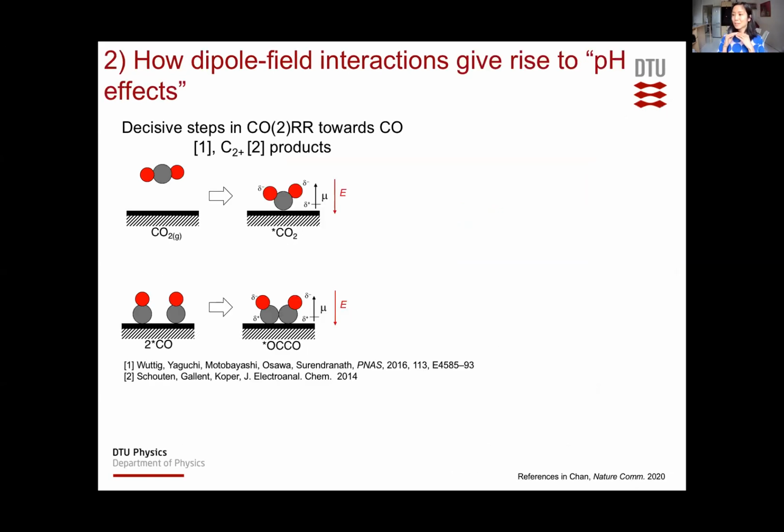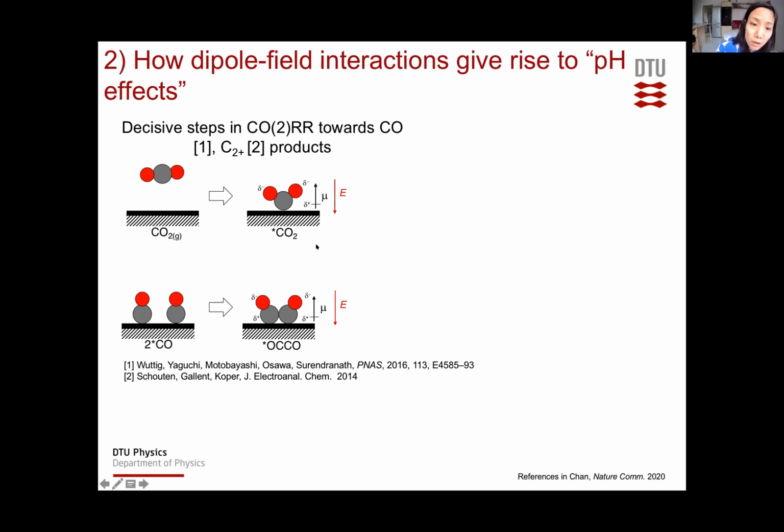And so first off, let me start out with a cartoon of why dipole field interactions give rise to what we call pH effects. And let us consider, for instance, CO2 adsorption and CO-CO dimerization, which are respectively the decisive steps towards the production of CO on weak binding catalysts, as well as C2 products on copper, which is the only catalyst that is able to couple CO in any substantial way.